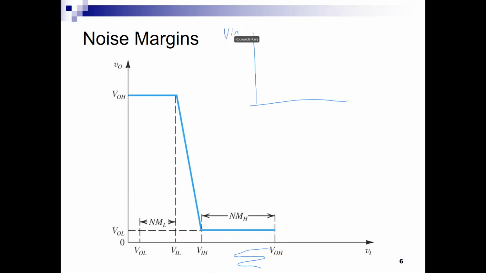Meaning if this is Vn and this is time, any noise at the input should not exceed VIH in this case, VIL in this case.